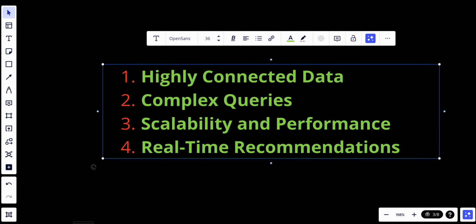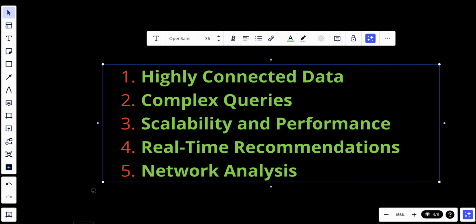For applications that require real-time recommendations, such as e-commerce product recommendations or connected recommendations in media streaming platforms, graph databases can provide relevant and up-to-date suggestions. It's also great in network analysis. In network analysis and social network applications where understanding connections and influence is crucial, graph databases are the go-to choice.